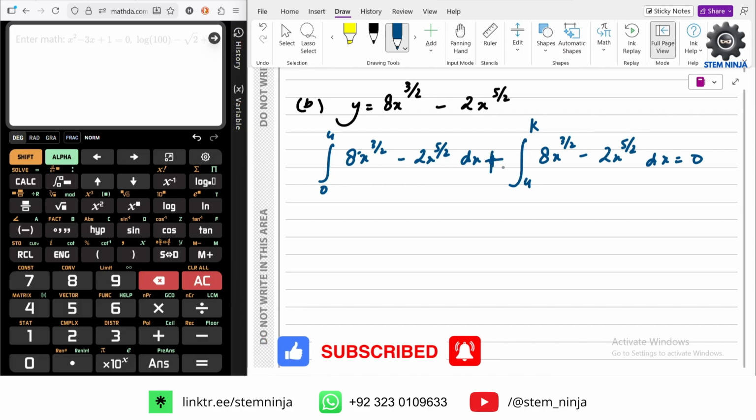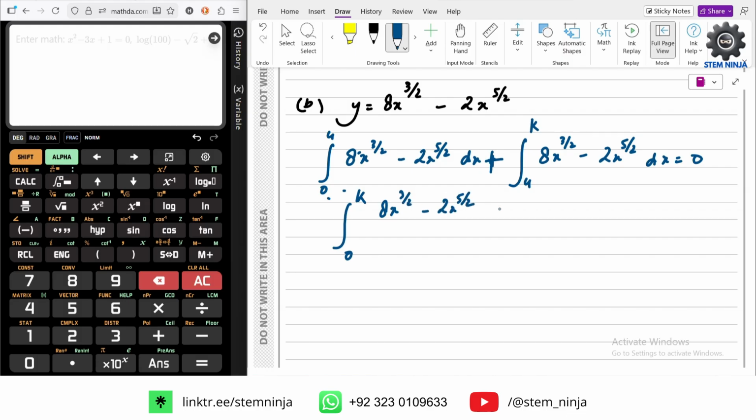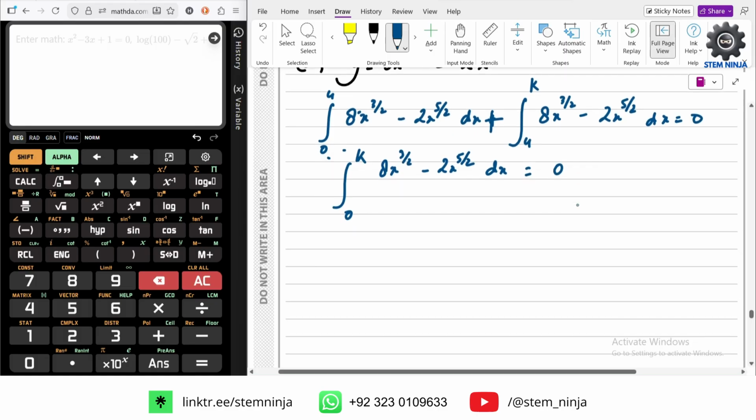So either we can equate them, meaning this area is the negative of this area, or a very simple thing, if we go from 0 to k of 8x^(3/2) minus 2x^(5/2) dx to be 0, I think we should be able to figure it out this way also. Both ways would be fine.